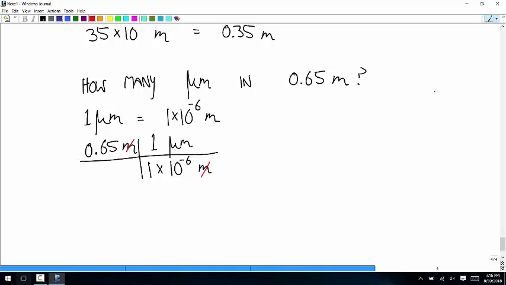The meters cancel. Dividing by 10 to the minus 6 is the same as multiplying by 10 to the 6. So you get an answer of 0.65 times 10 to the positive 6 microns.